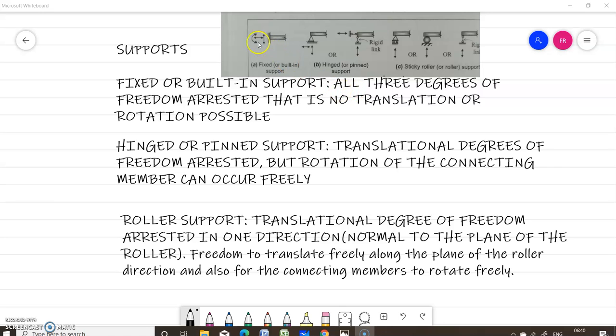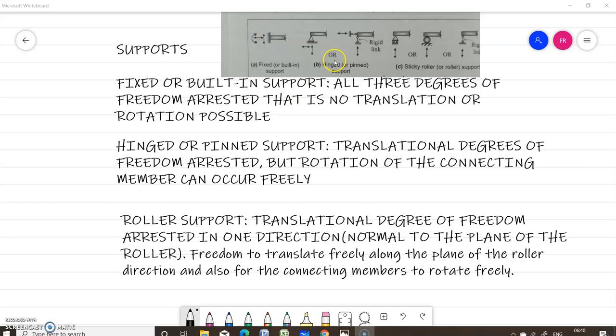In the case of a fixed or built-in support, all the 3 degrees of freedom are arrested. That is, there is no translation or rotation. No translation or rotation is possible in the case of a fixed beam. An example is a reinforced concrete beam column joint, and also a welded beam column joint in the case of a steel structure.